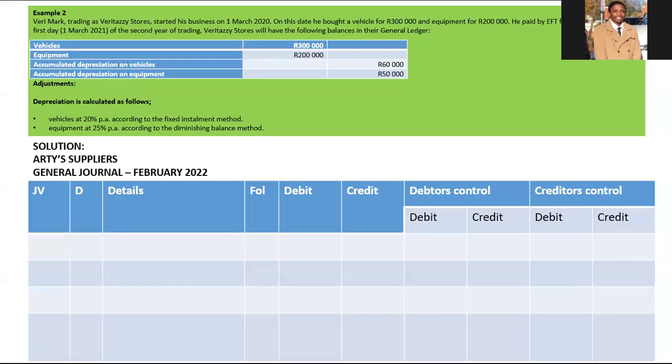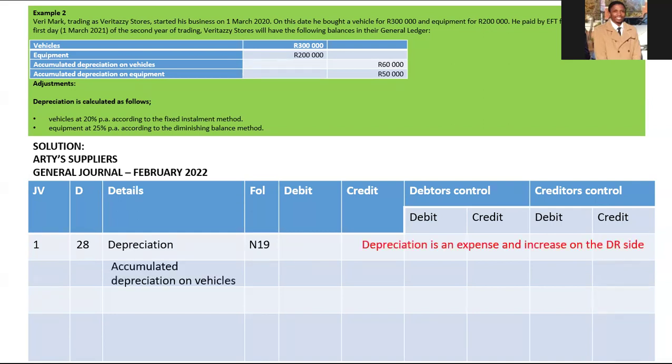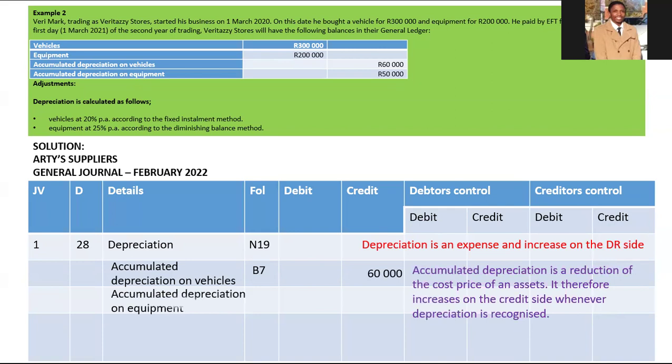When we record it, just like in the previous example, you will debit depreciation because it's an expense. Then you credit accumulated depreciation on equipment, as well as accumulated depreciation on vehicles, by current year's depreciation on vehicles and equipment.